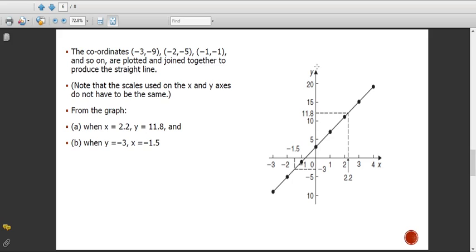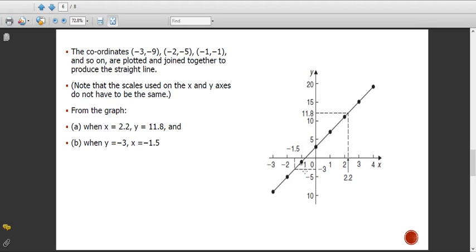We see the positive values of y are up and the negative values of y are down. There is a clearly demarcated scale on the y-axis. Each box represents 5 units, from 0 to 5, then 5 to 10. So the scale is consistent. And then on the negative axis, 1 box represents 1 unit.